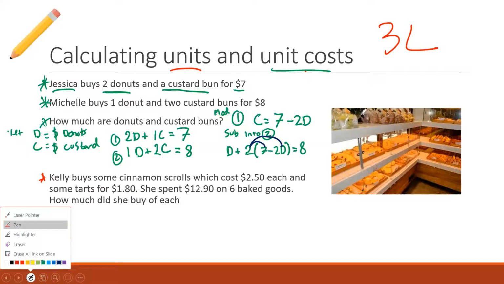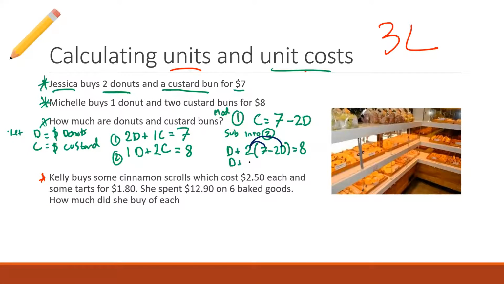We're going to expand this guy here. D plus 2 times 7 is 14, minus 2 times 2d is going to be minus 4d equals 8. Oh man, I'm running out of room. Sorry guys, I've run out of room. You're going to have to do this.